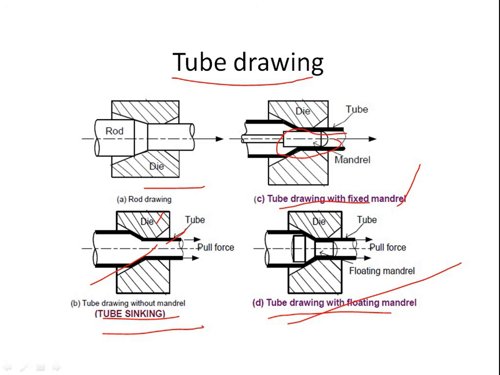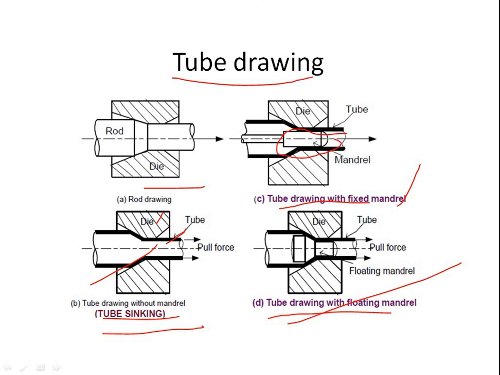You are understanding why we are using a floating mandrel. In a fixed mandrel, the length of the tube that can be drawn is limited by the length of the mandrel rod. So in floating mandrel, this difficulty is resolved.